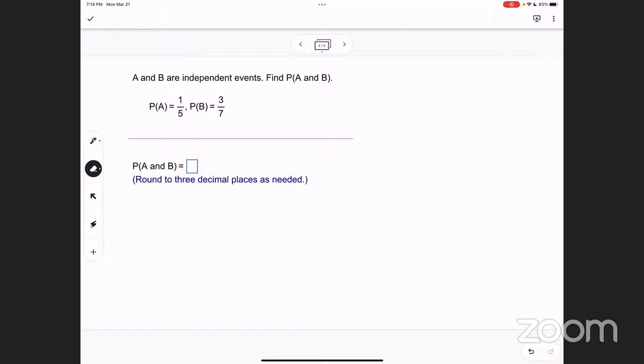The probability of A and B both happening is the probability of A times the probability of B given A, which, because they're independent, is just the probability of B. It doesn't change at all.